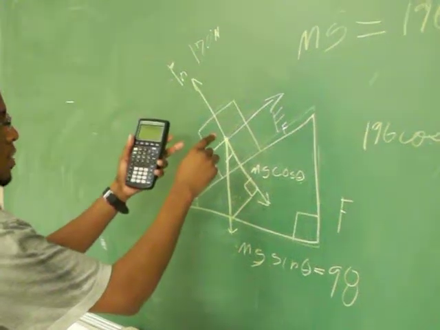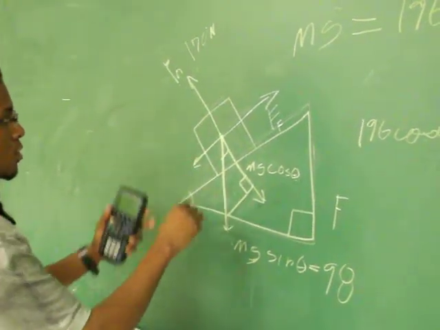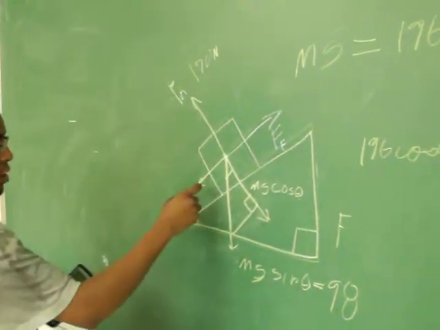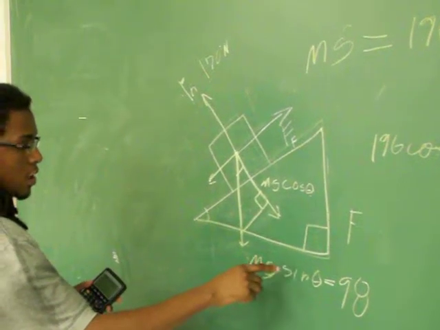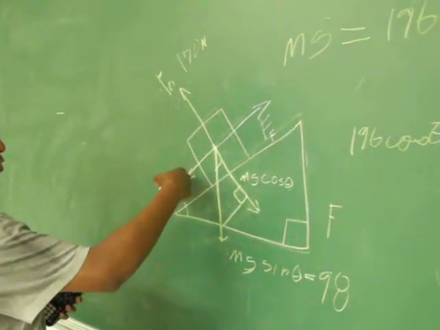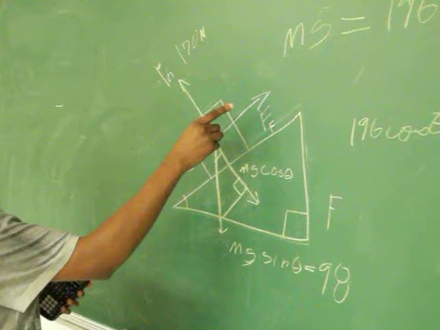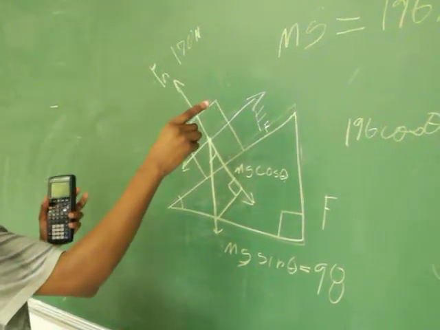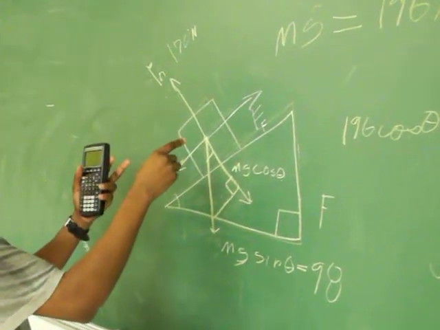To prove that the box is not going anywhere, we say that the mg sine in this direction and the frictional force in that direction are equal, which allows the box to stay where it is.